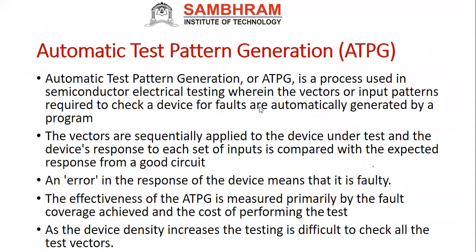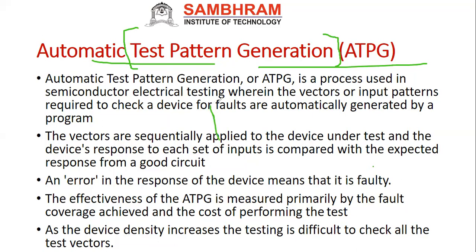Now, what do we do? One of the very important methods is automatic test pattern generation, that is ATPG. From the name itself, we can see it is test pattern generation. Earlier, we needed to generate the test patterns manually. Now it is done automatically. To generate automatically, what do we need? We need some additional equipment.